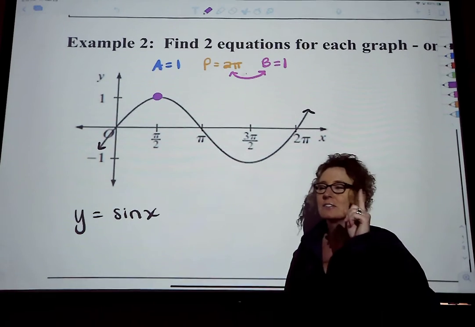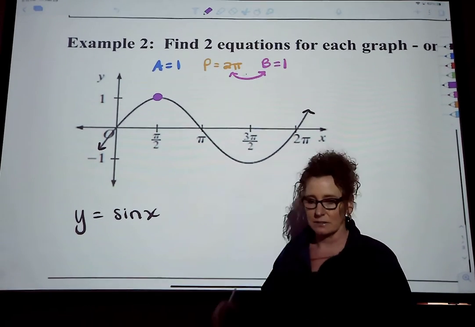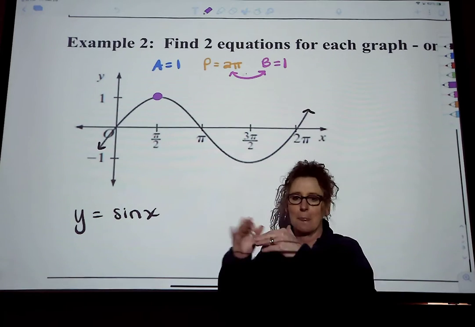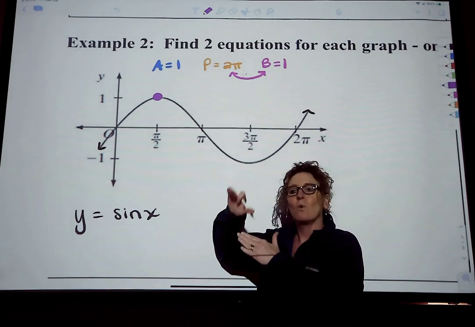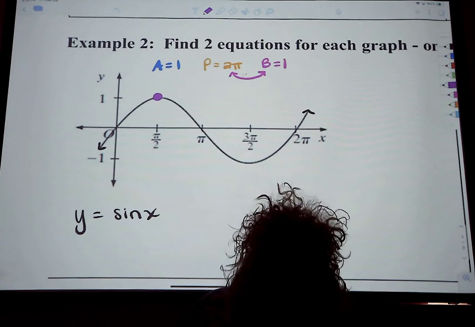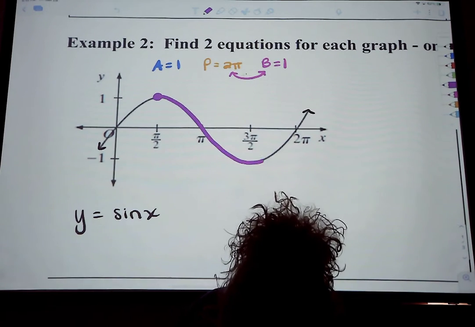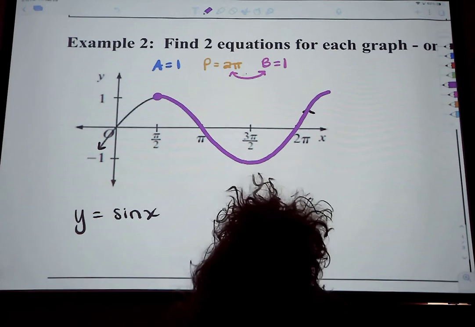Now, starting there, draw one complete cycle of cosine. Up 1, hit, down 1, hit, up 1.